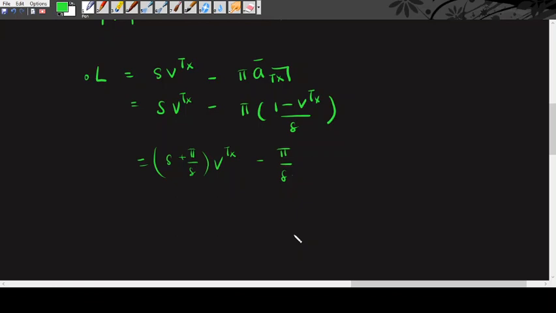Whenever you are looking at the expected loss, it is simply the expectation of all of this.